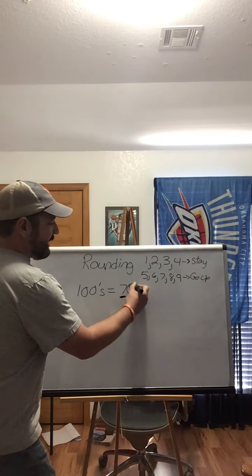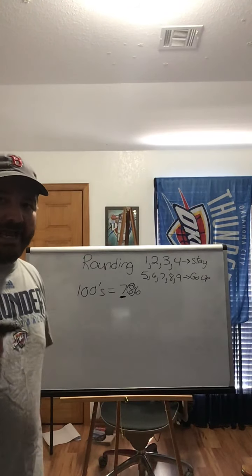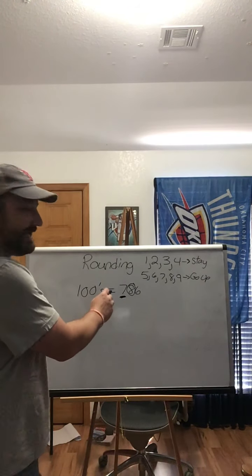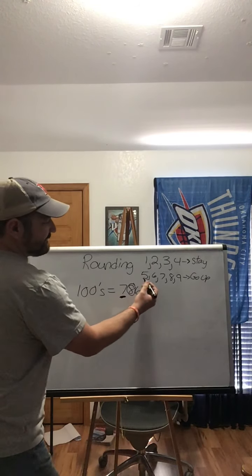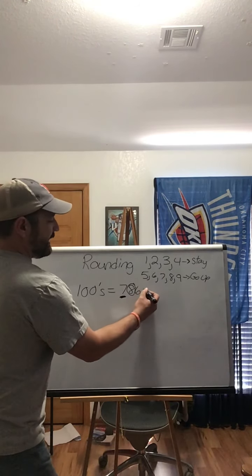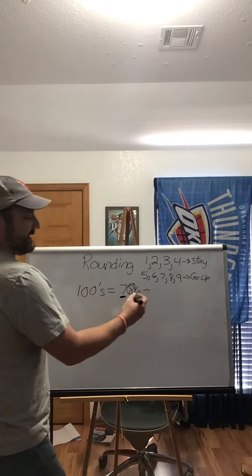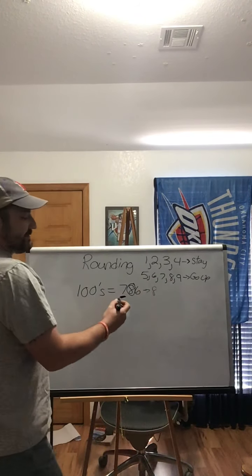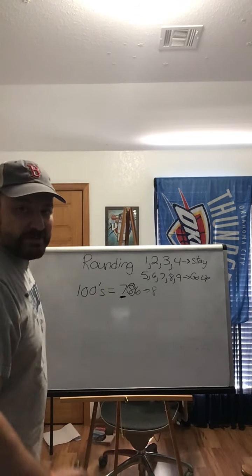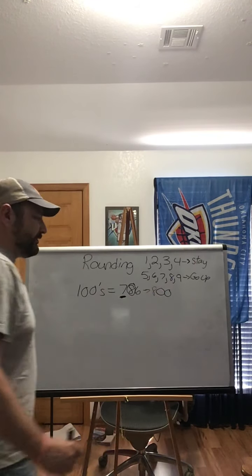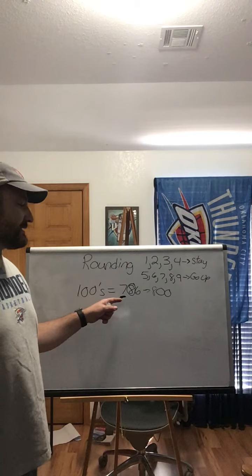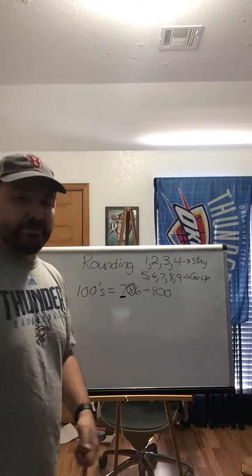And then our number right next door is the 8. That 8 is going to tell this 7 to stay a 7 or bounce up to an 8. And because it's a 5, 6, 7, or 8, it's going to tell it to go up. So that 7 becomes an 8, and obviously those two numbers next door become 0. So my number is going to be 800. So 786 rounds up in the hundreds place to 800.